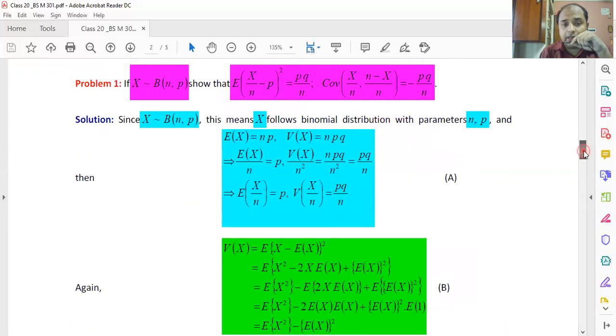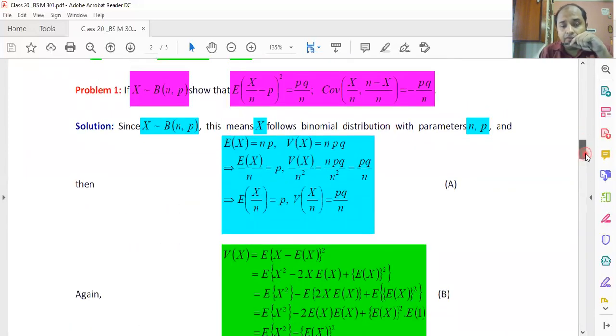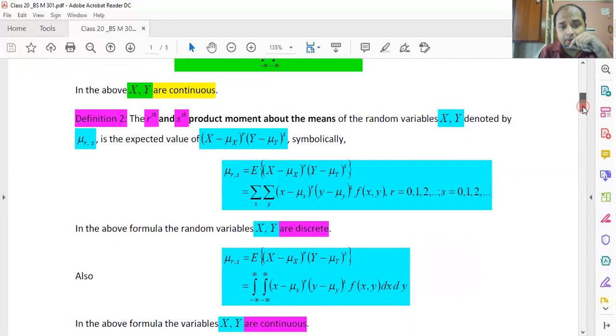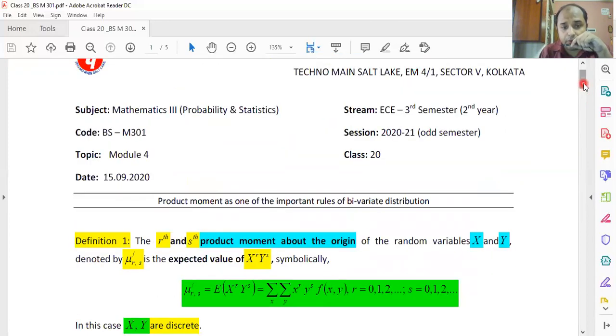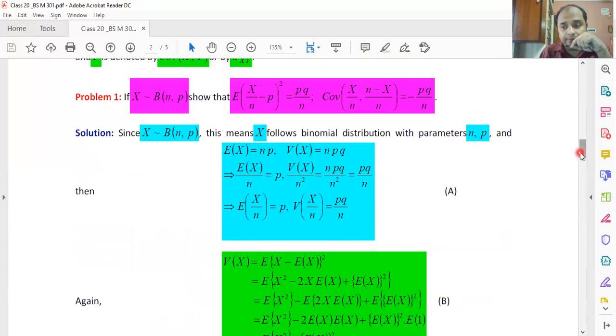Let us scroll up. We know that the product moment about origin can be expressed in this manner. Just see the expression: mu r,s prime is the expectation of capital X to the power r multiplied by y to the power s. What will happen if we put r equal to 1 and s equal to 1? We will get mu 1,1 prime is equal to expectation of capital X multiplied by capital Y. The same thing has been done over here.